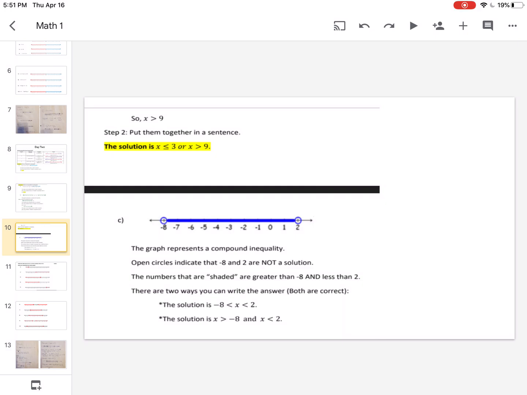So the solution is -8 is less than x, x is less than 2. Another way to write it that might be easier is just to break the 2 apart. So the solution is x is greater than -8 and x is less than 2. Those are a little confusing.